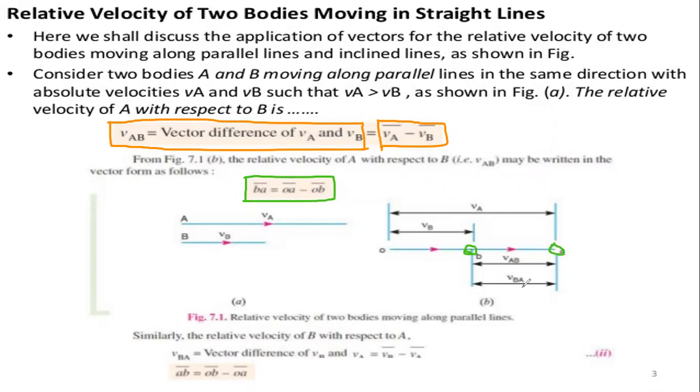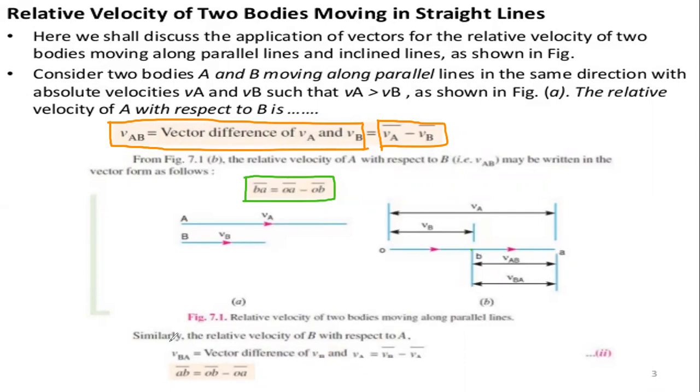So BA bar is equal to OA bar minus OB bar. Here in the first one, I am taking the two equations in parallel lines. Taking this position away from this one, that is VAB, AB bar.